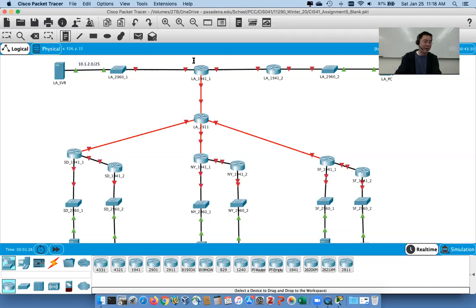We also have over on this side 10.1.3.0/26. And then over on this side is 10.1.1.0/24. Okay, this side, 10.1.4.0/27.